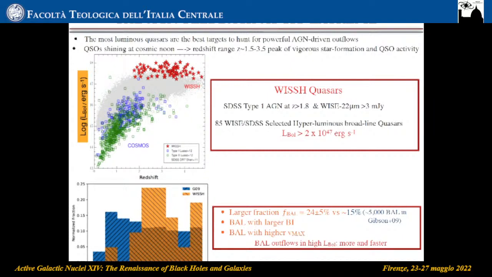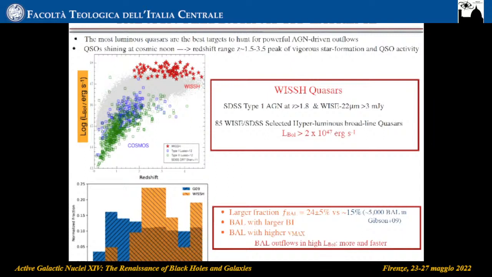So we studied the broad absorption line outflows in this sample. We found a larger fraction of BAL, about 24%, larger than the fraction discovered in the bulk of the SDSS population from Gibson 2009.